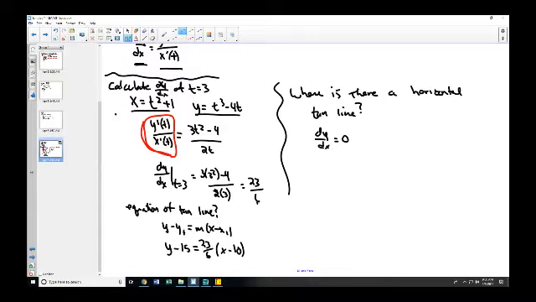No, that would be undefined, vertical, right? So all we need to worry about is y prime equals 0. So 3t squared minus 4 equals 0, so t is plus or minus the square root of 4/3.